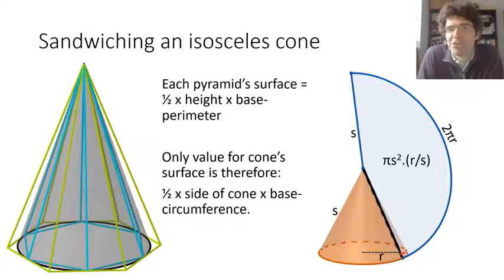So in other words, it's an r over s proportion of the circle of radius s. So the total area is pi times the radius times the side of the cone, which is the same result that Archimedes reached.